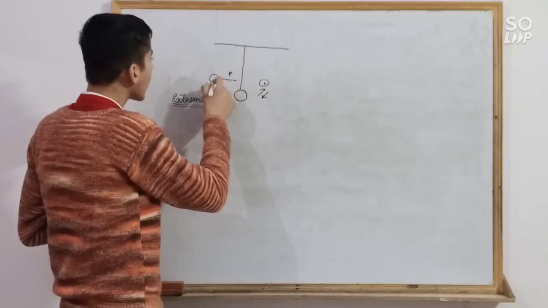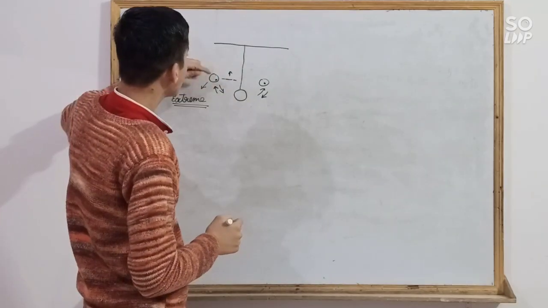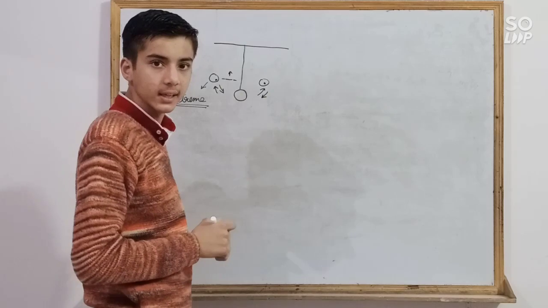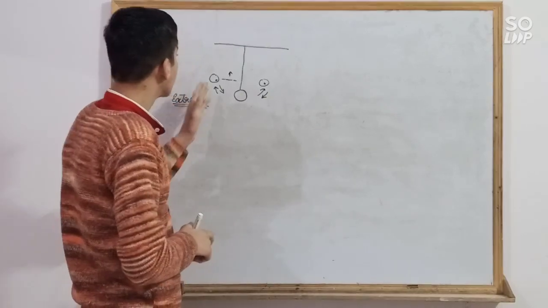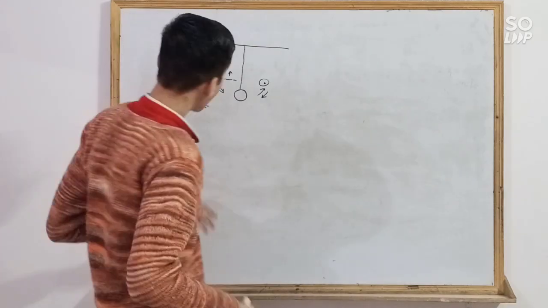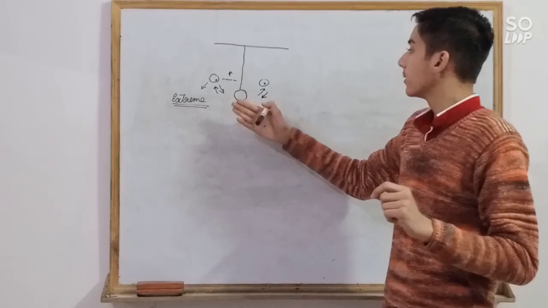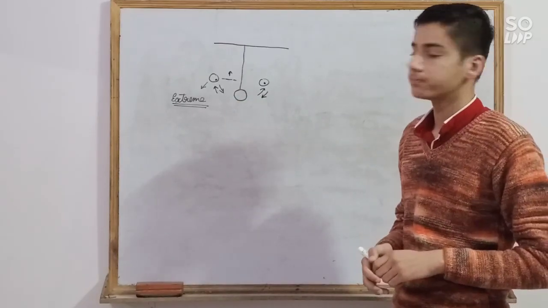It will go at most to this position only. That's why this is called the extreme position of the pendulum. So now in this video we will be learning how to calculate the time period of a pendulum.